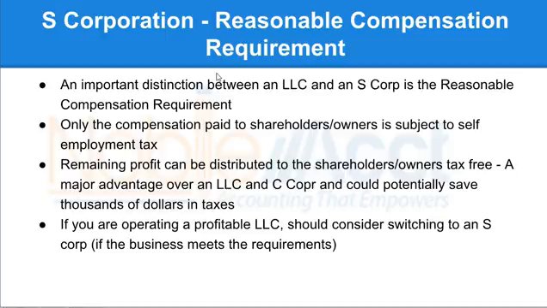So as you can see, just like an LLC, the owners or shareholders of the business pay their share of the tax on the income received from the business.